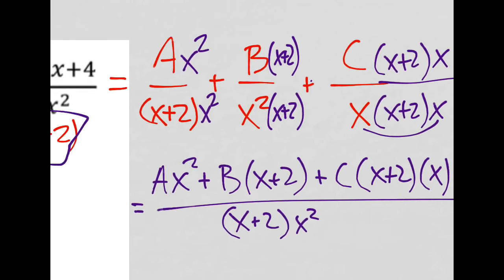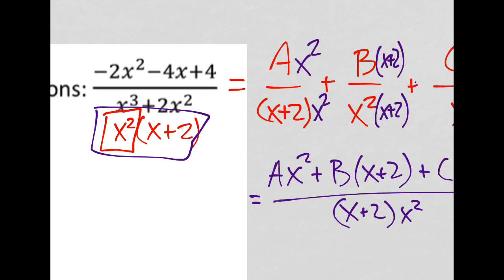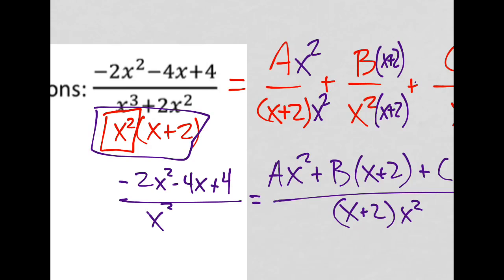And we're making the claim that this is equal to what we started with, negative 2x squared minus 4x plus 4, all divided by x cubed plus 2x squared. But I'm actually going to write that denominator as we've factored it, x squared times x plus 2.